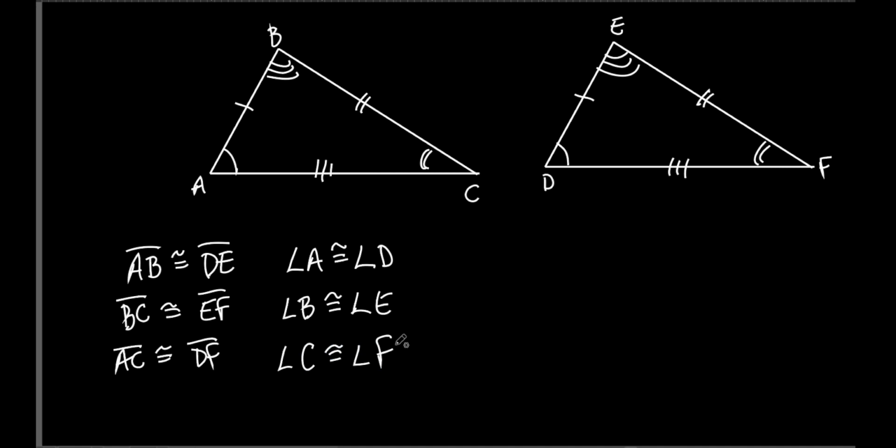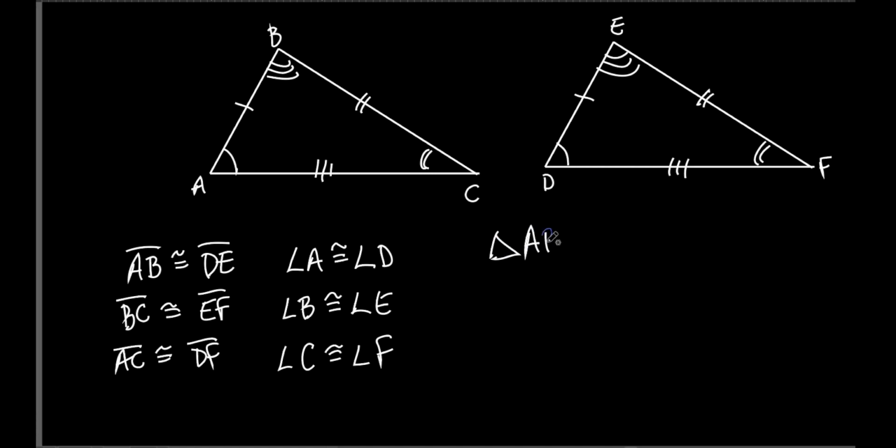Now, what we're going to do is label these triangles, and we're going to show that they're congruent to each other. But we're going to be really picky on this, okay? I haven't been picky in the past, but now I'm going to be super, super picky about this. I could call this triangle three different ways, couldn't I? What do you think would be the nicest way to call it? Triangle what?